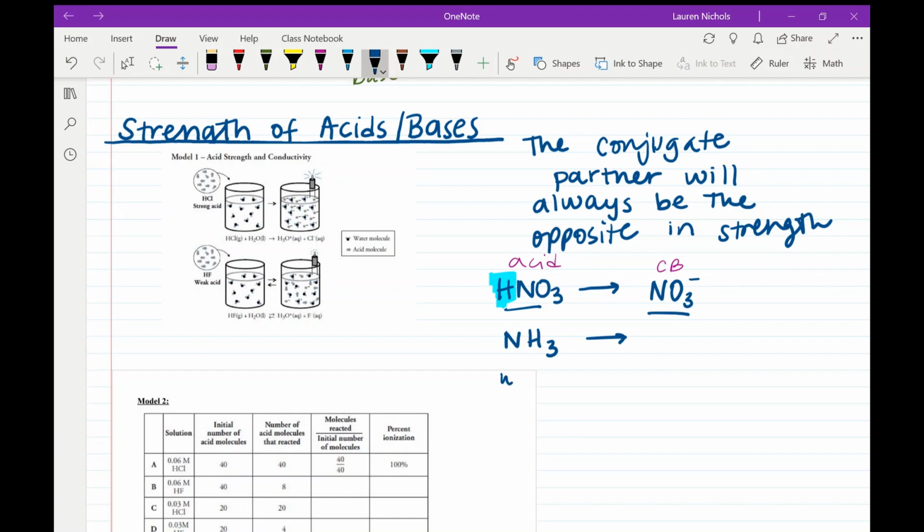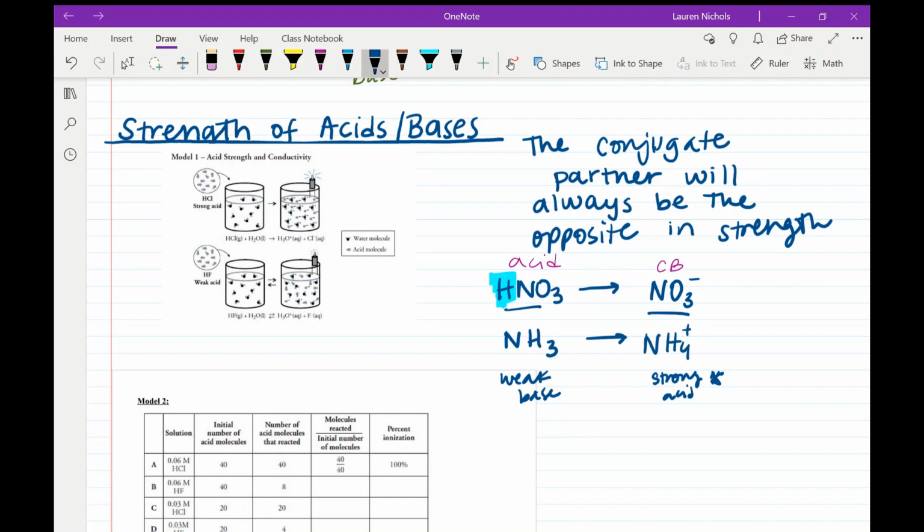Ammonia is considered a weak base, relatively, and so when it accepts a proton or a hydrogen and becomes NH4 positive, it would be a strong acid. But keep in mind that it's not necessarily a strong acid, it's just a stronger acid than NH3 is a base.